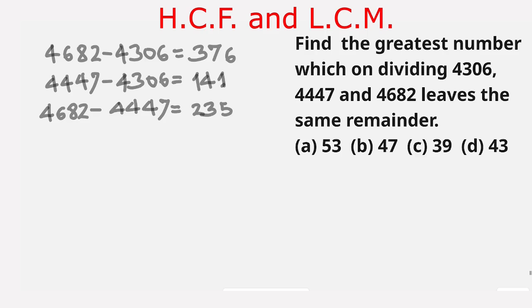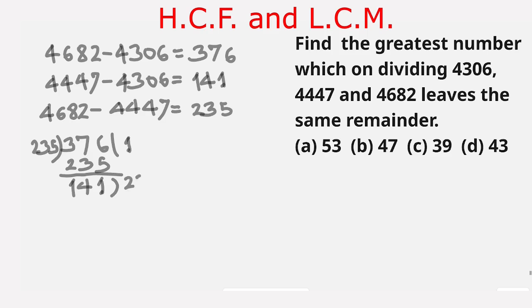We will find the HCF of these numbers by division method. We divide 376 by 235. 235 divides 376 for one time, and the remainder comes out to be 141. Now we divide 235 by 141. 141 divides 235 for one time, and the remainder is 94.